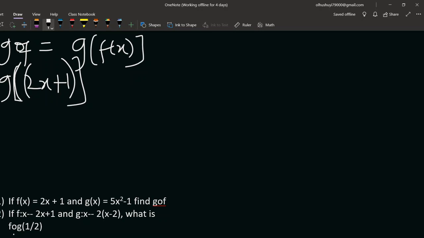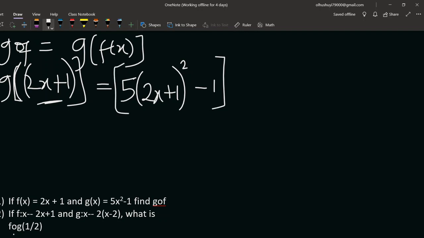So this will represent x in our g of x. So what do we have now? This will be equal to what? What's our g of x defined as? We have 5 open bracket 2x plus 1 all squared. Can you see that? Then minus 1. So this is what we should have.